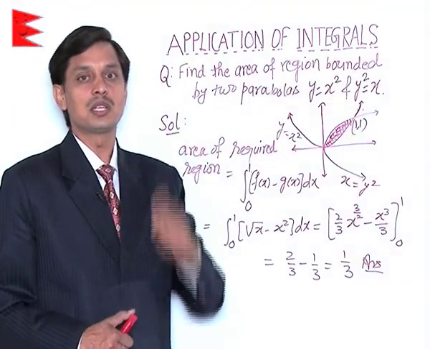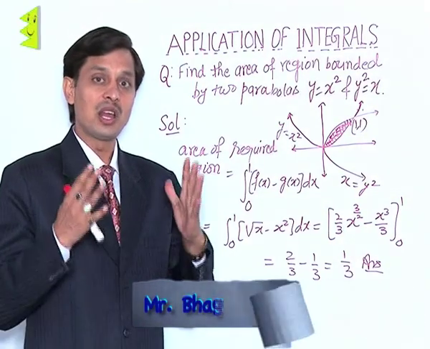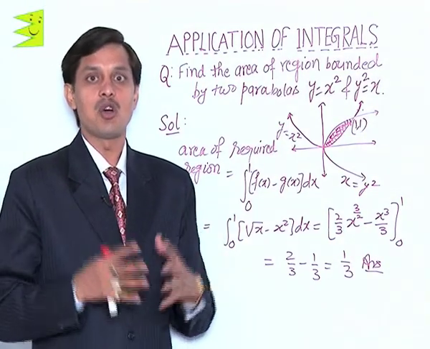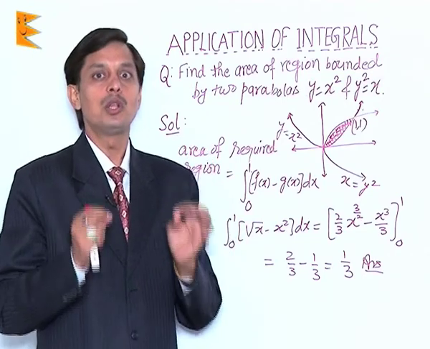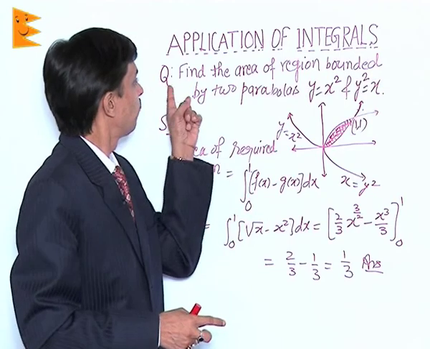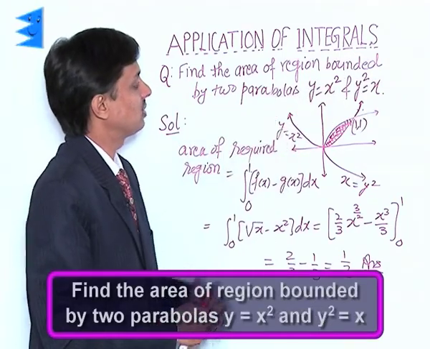Now I want to discuss a problem of the type where we will calculate the area of the part enclosed between two curves. Find the area of the region bounded by two parabolas.